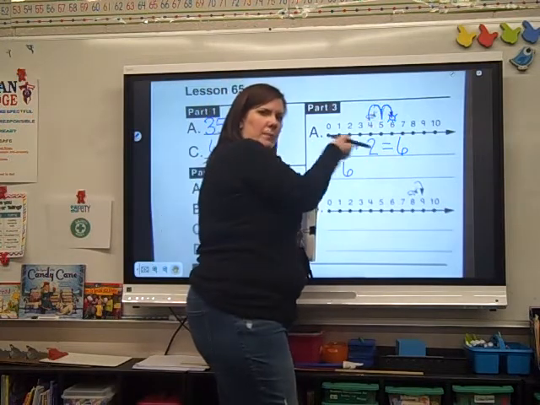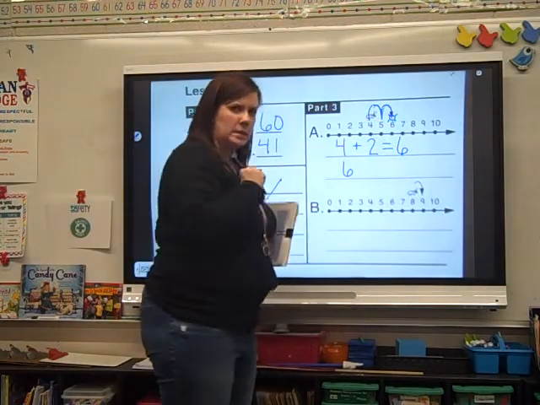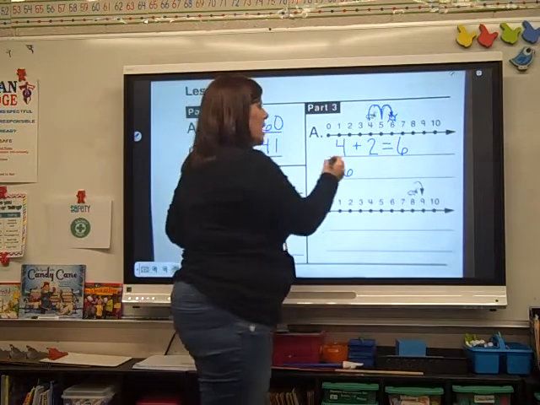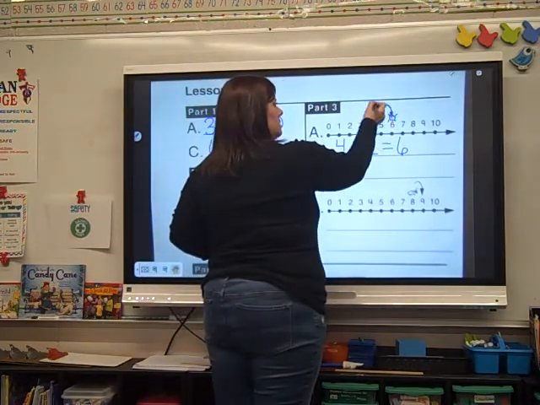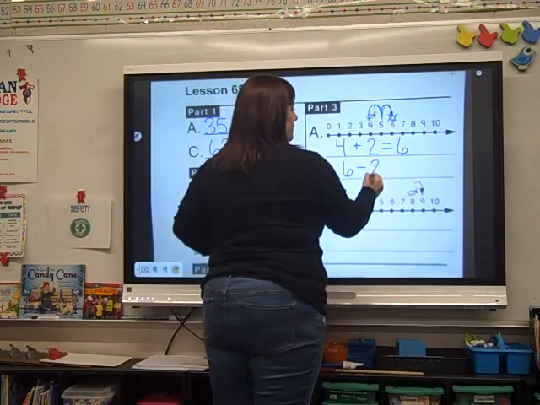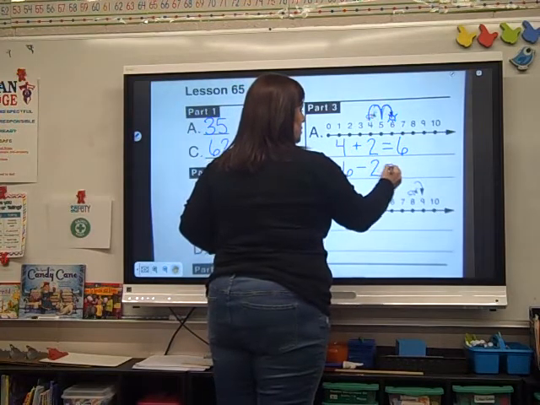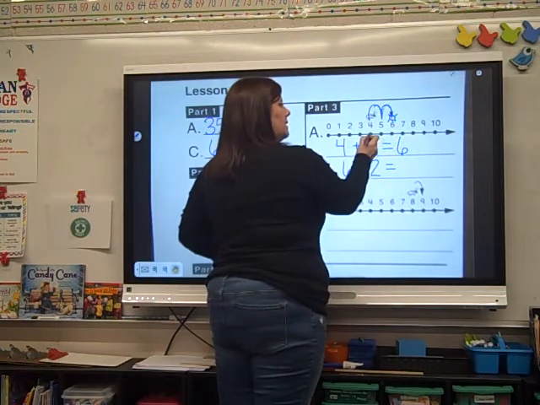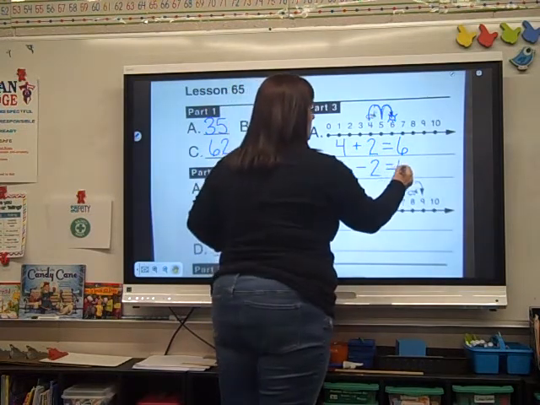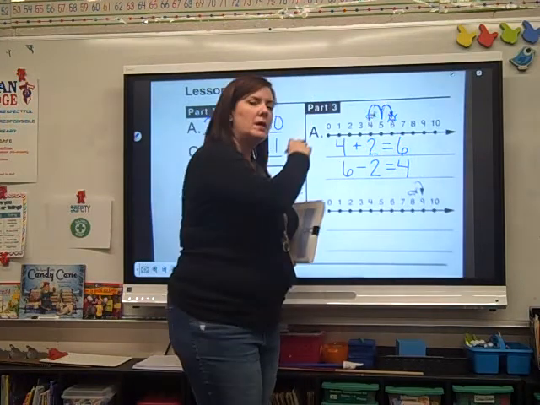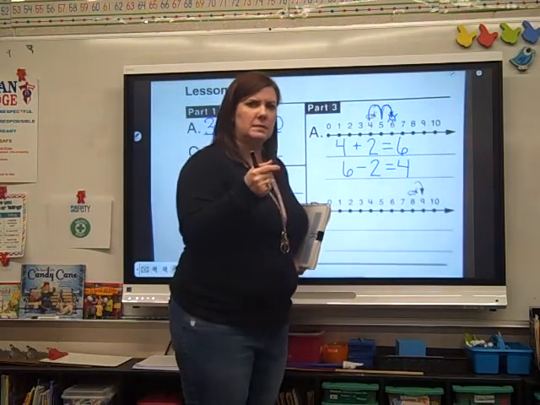What way is he hopping? Is he adding or subtracting? He's subtracting, isn't he? How many times did I hop? 1, 2. Put your equal sign. Where did he land? On 4.